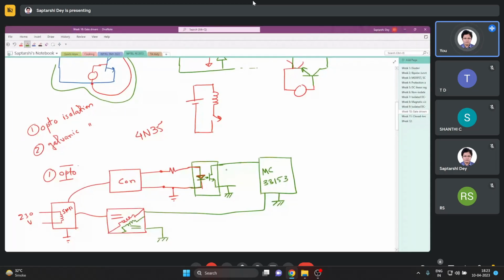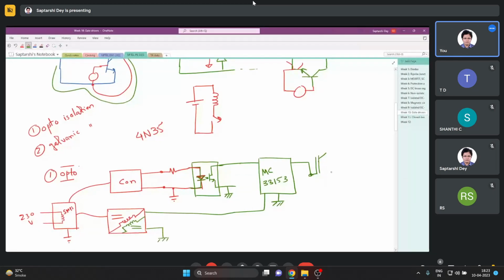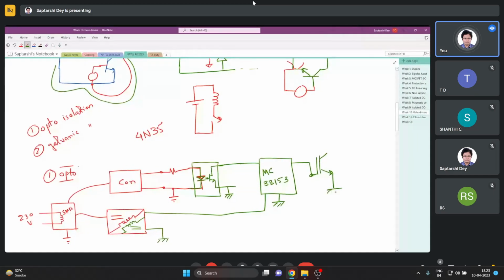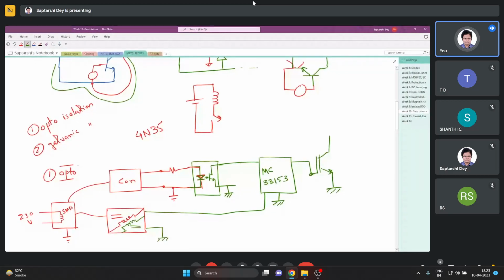So if you have an optocoupler, this thing directly goes to the switch. Let me not draw a BJT here, because this IC is not for BJT. This thing then goes to the switch.